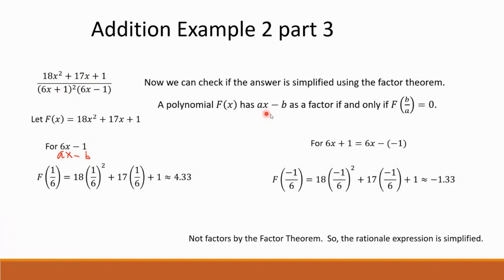We're going to have 6 times x minus 1 is a factor of the numerator, capital F of x, if and only if capital F of b over a is 0. Well, by comparing, you can see that b would have to be 1 and a would have to be 6. That's what we get here.